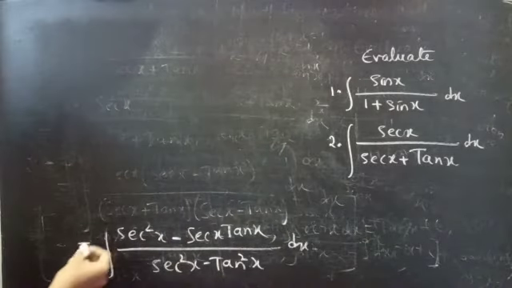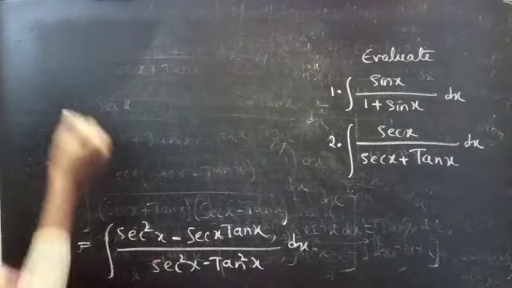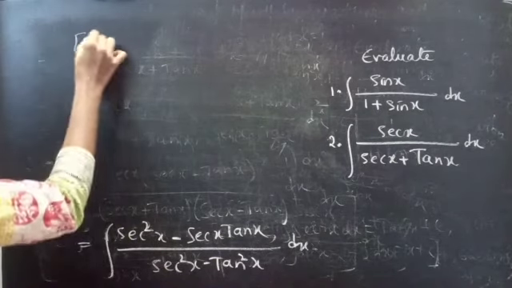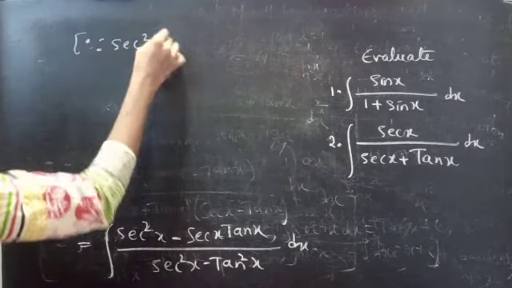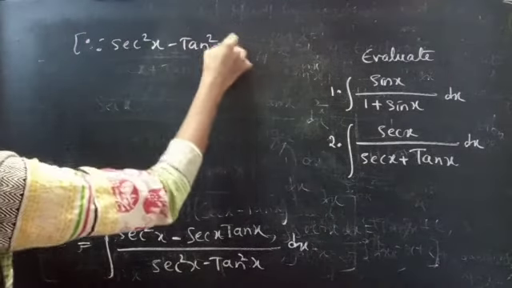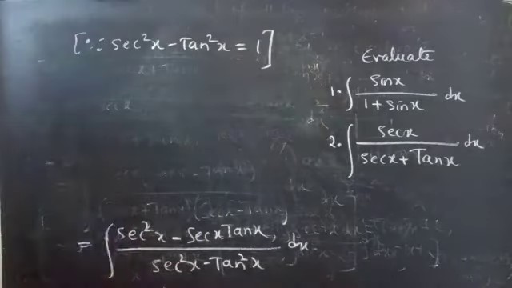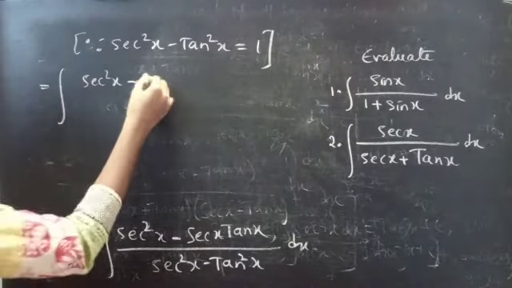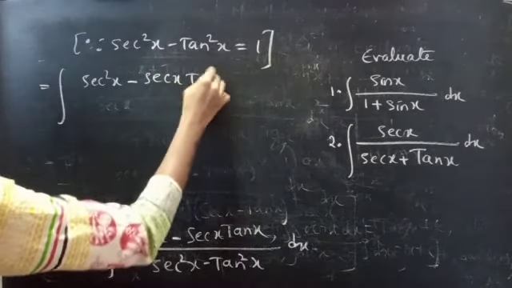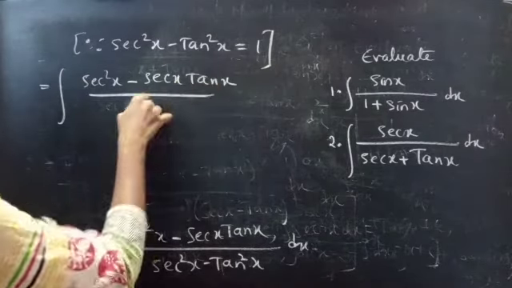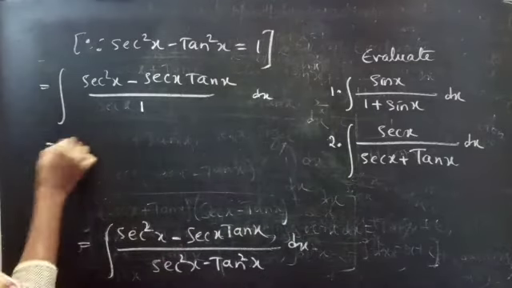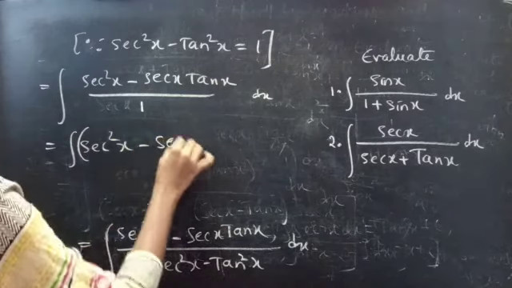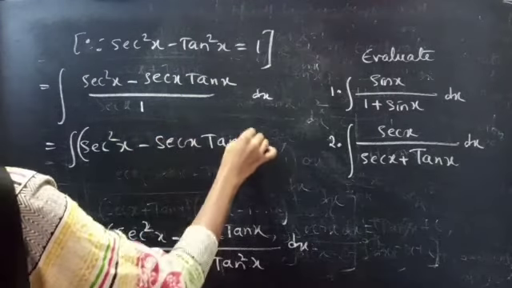Since we know that secant square x minus tan square x equals 1, this becomes secant square x minus secant x into tan x by 1, dx.